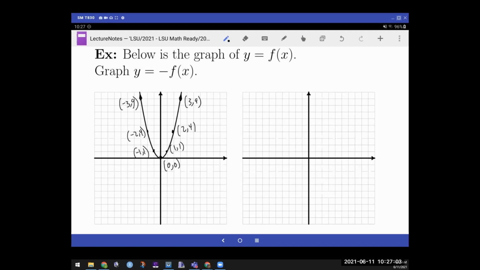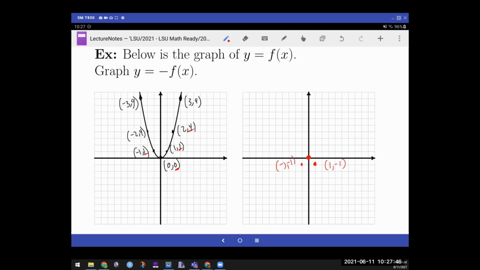Okay, and if you are reflecting it, notice what's happening here. You are multiplying a negative times the function, right? Remember, that's a y value essentially. The function gives you the y value. So if you're multiplying the outputs by a negative, you're just making all the y values negative. So 0, negative 0 is just going to be 0. If I made the y value negative, I'd have a negative 1 here, so this should be 1, negative 1. This y value is a positive 1, so if I turn it to a negative 1, that gives me the point negative 1, negative 1.